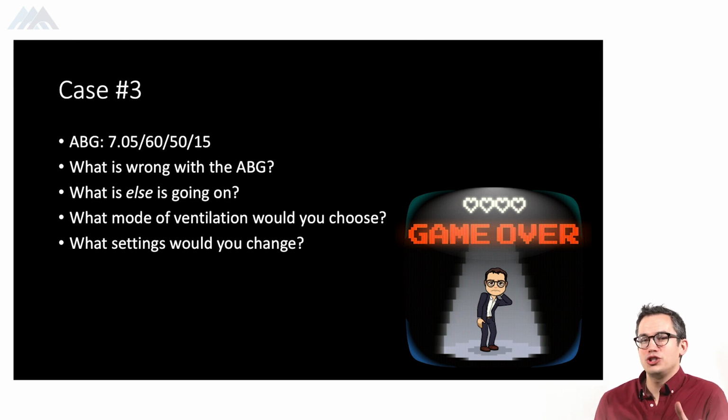And when we now choose a mode of ventilation, we know that we're going to give full support to this patient. So we're going to choose assist control, volume control, assist control, pressure control. I found in my own practice that patients synchronize better to the ventilator on a pressure control setting. Looking at that ABG, how are we going to manipulate it?